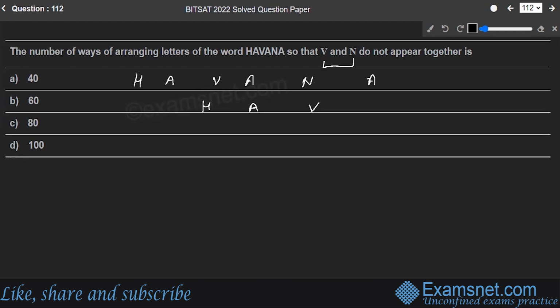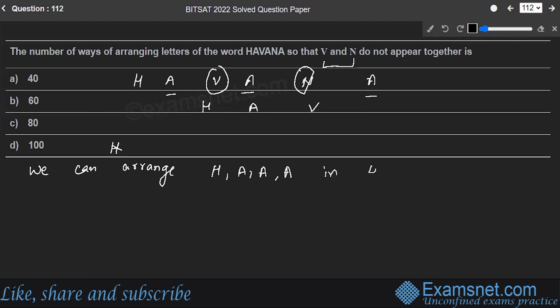So we can arrange the letters H, A, A, A, because I don't want these 2 letters to come together. See, there are 4 places and 3 letters are the same, so 4 factorial upon 3 factorial ways, which is equal to 4 ways.